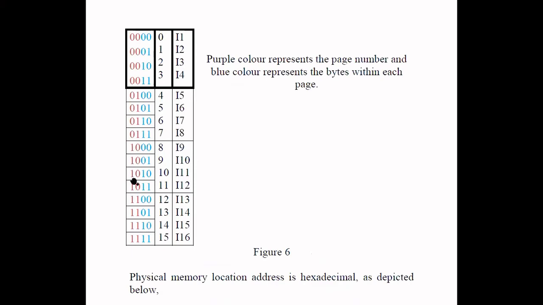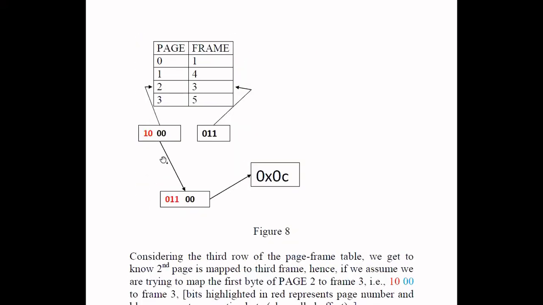If I consider 1010, that means second page and the second byte. So in this example, when I am talking about page 2, I am considering a specific instruction or byte within that page, that is 00. To be more specific, I am considering the first byte of the second page. That's why the logical addressing goes as 1000.